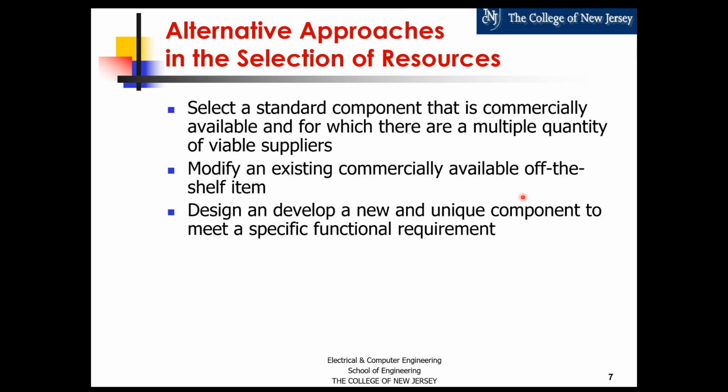For major components, major elements, you're going to have to ask that question over and over again, because inevitably you're going to have the choice of buying something that is already made. Now you have to really weigh the pros and cons of those choices, because it cannot be just because it's available.